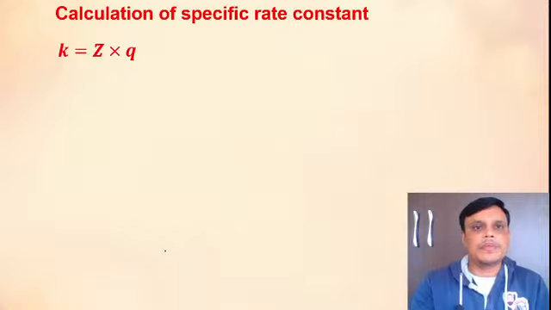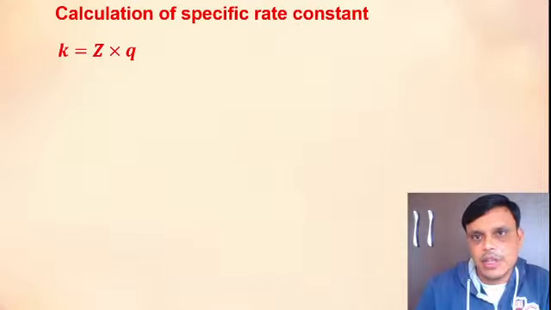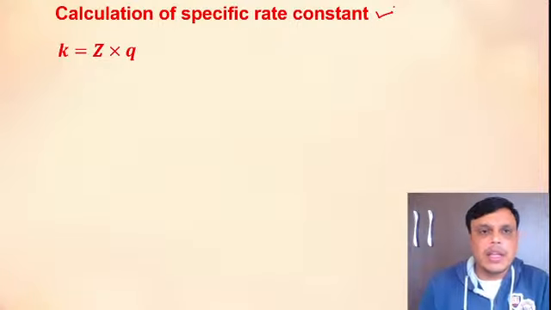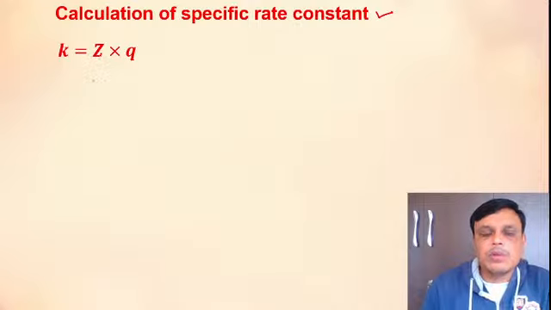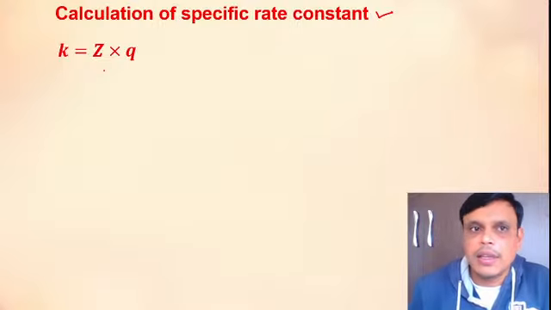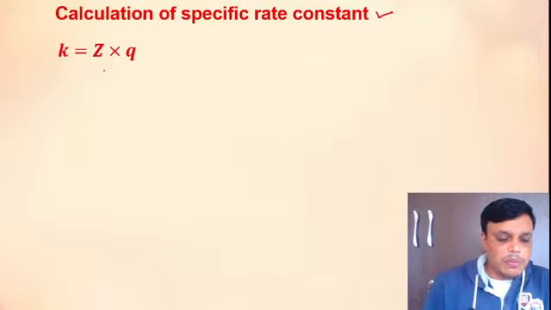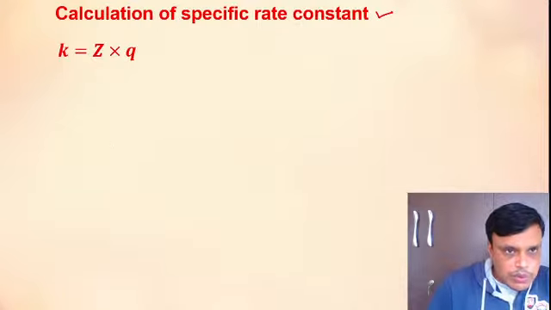So here, calculation of specific rate constant, the last term which was our M, and the equation is nothing but K is equal to Z into Q. K is nothing but the specific rate constant. Z is the collision frequency. Now we'll put this value.